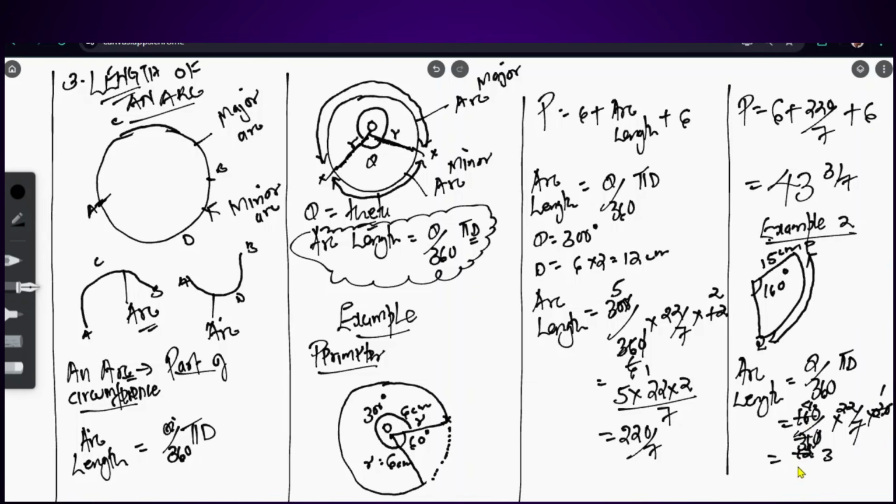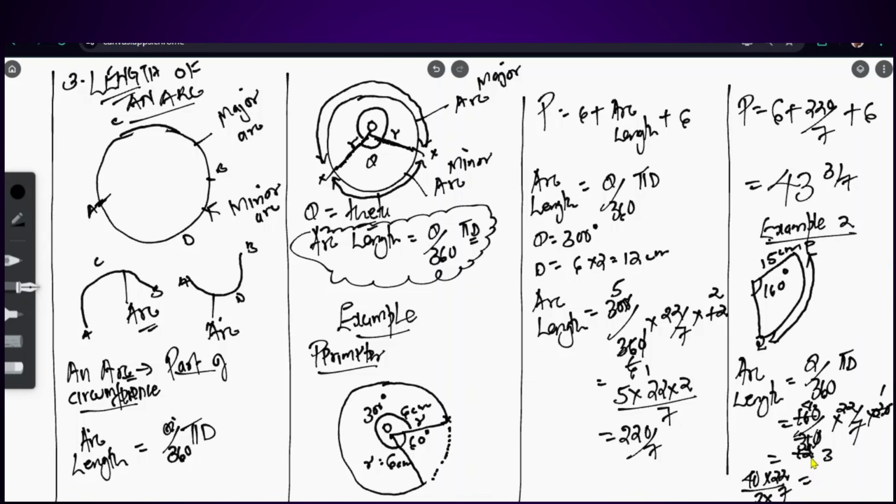Let me push this one slightly so that we have a space here. So I remain with 40. I multiply by 22. You multiply by 1. So this one has been simplified all over. 3, I multiply by 7.